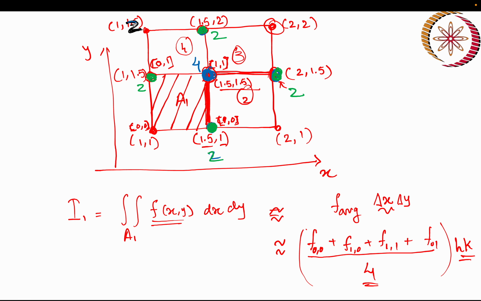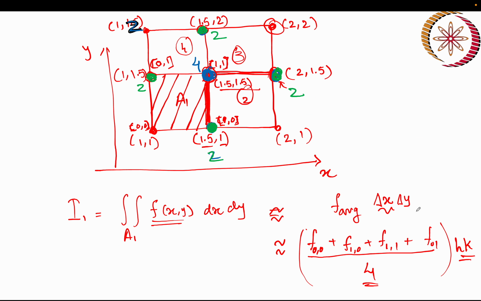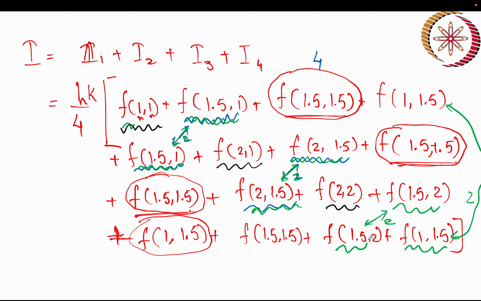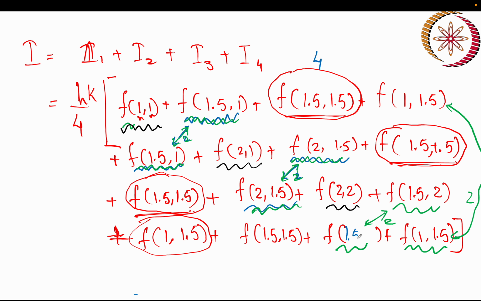So this is 2, and where should I correct? I think it will be 1, 2. Oh, I think it was the correct one. Okay, that one is 1.5, 1.5, 2, and then it was the last term.